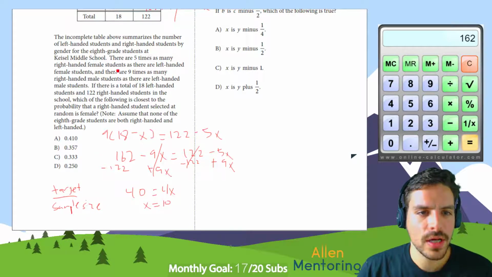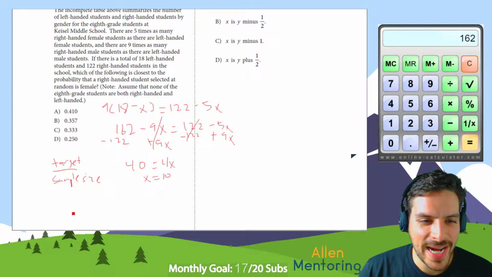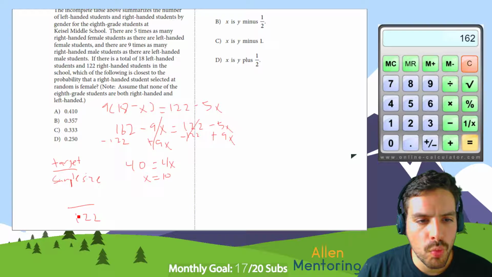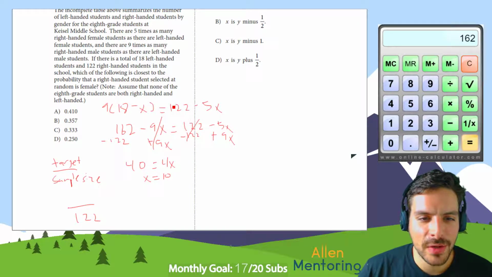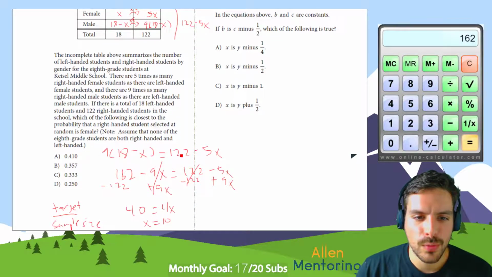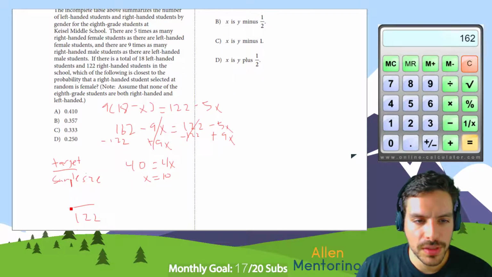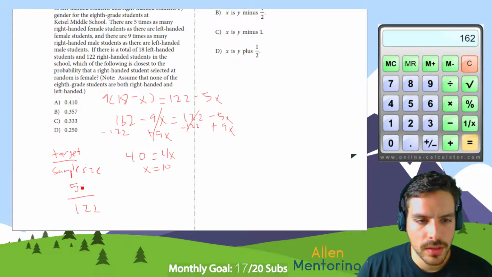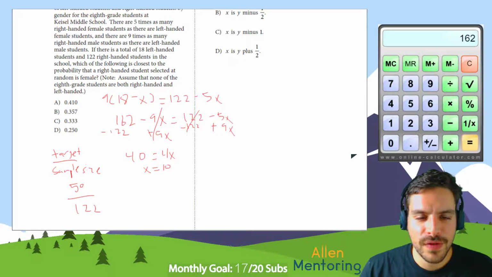In our case, we're only sampling the right-handed students, so that's going to be out of 122. So what is the probability that they will be female? The right-handed students that are female is going to be 5 times x, which is 5 times 10, which is 50. So which of these is closest to 50 divided by 122?